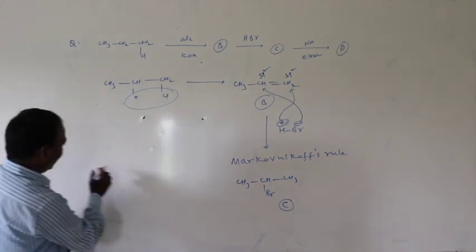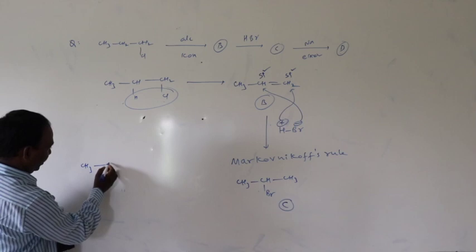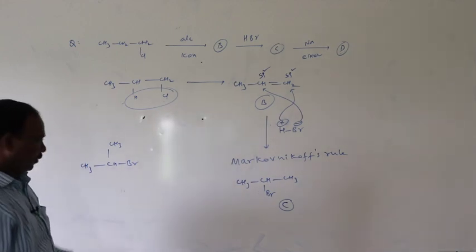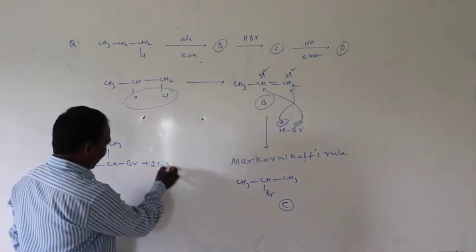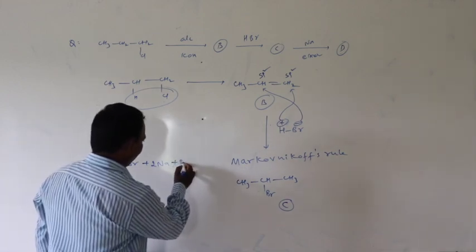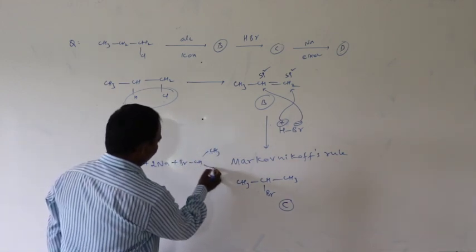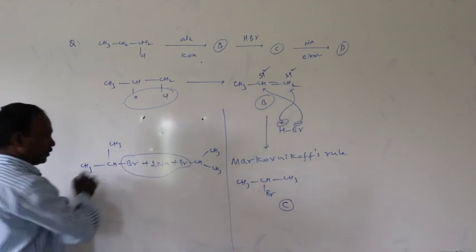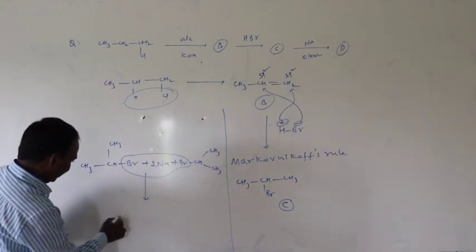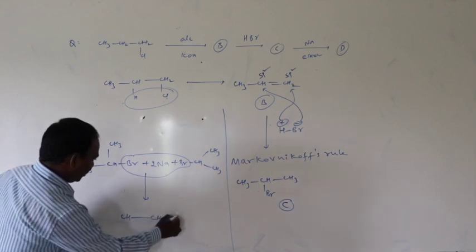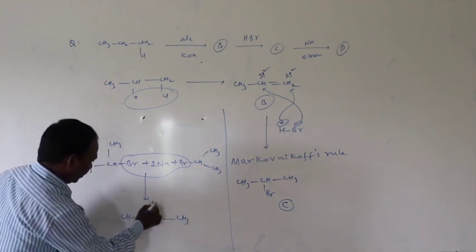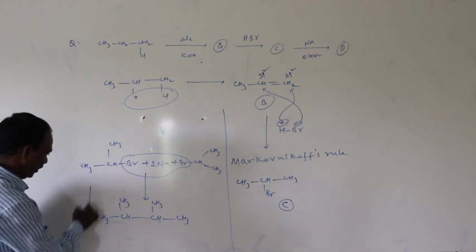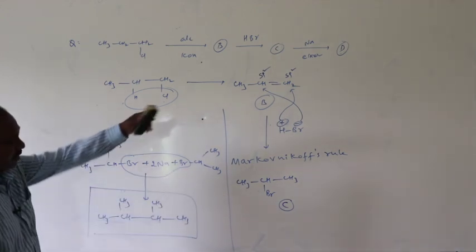So 2-bromopropane, CH3 CHBr CH3, on treatment with sodium metal, with removal of 2 moles of sodium bromide, the product obtained in this reaction is (CH3)2CH-CH(CH3)2. This is compound D.